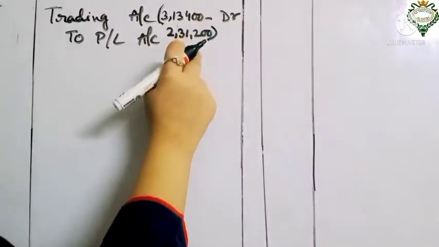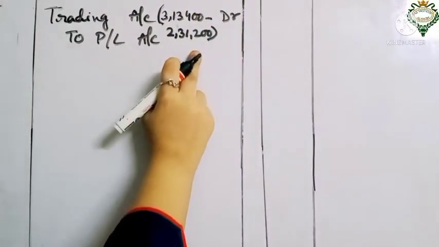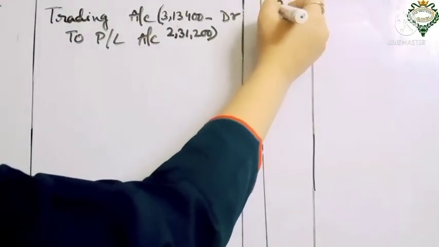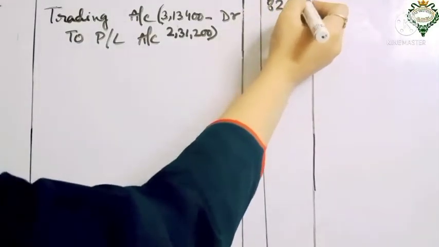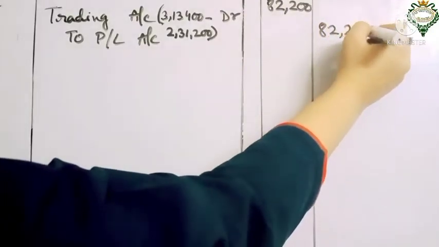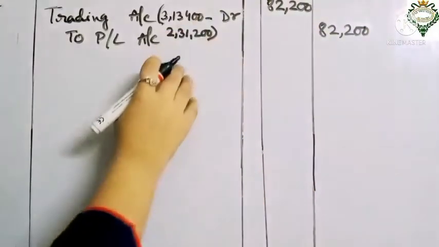If we subtract this two, we will get the profit and loss amount that will be transferred, 82,200, okay.